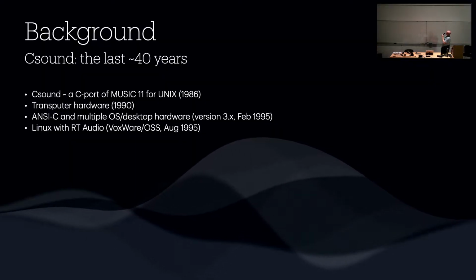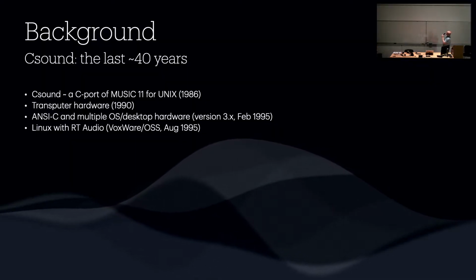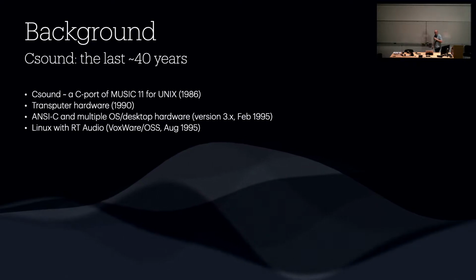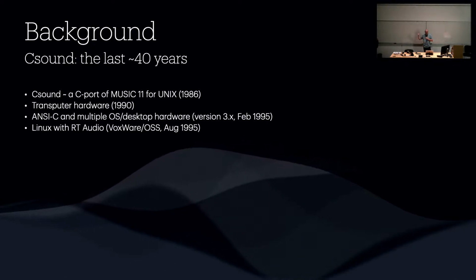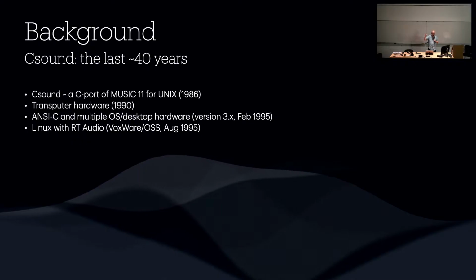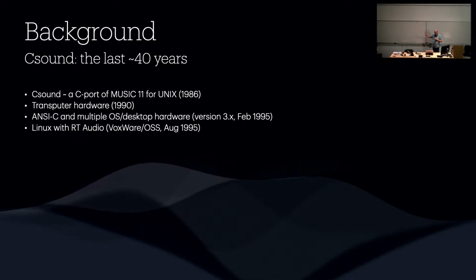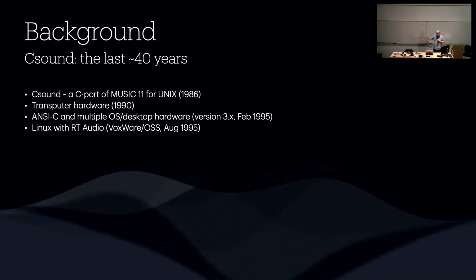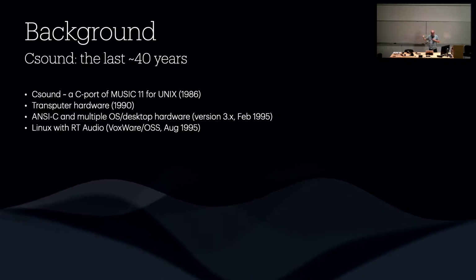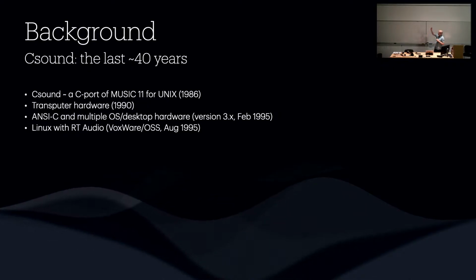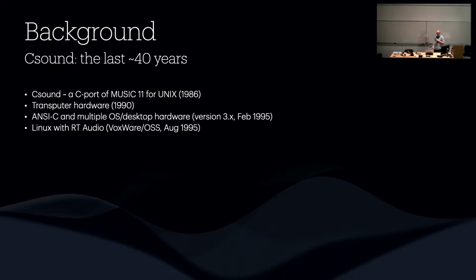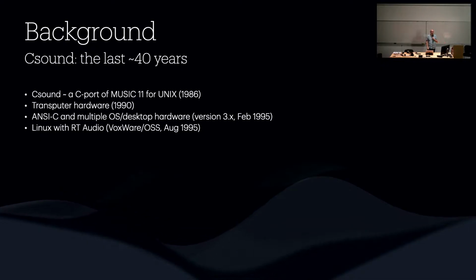Very quickly in Linux, so 1995, like less than a year, well, maybe a little bit over a year, maybe 13 or 14 months, as soon as the OSS VoxWare audio was available, it was running on Linux with real-time audio.